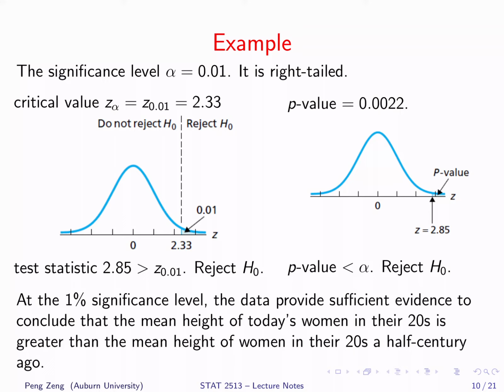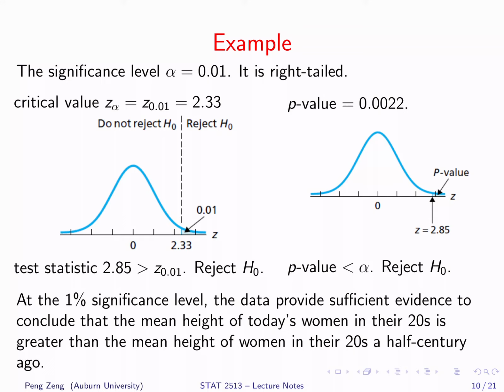Because the significance level alpha equals 0.01, the critical value is selected such that the probability to the right of this value is 0.01. Using the standard normal table, we can find the critical value is z 0.01 or 2.33. The rejection region is thus the area to the right of 2.33.